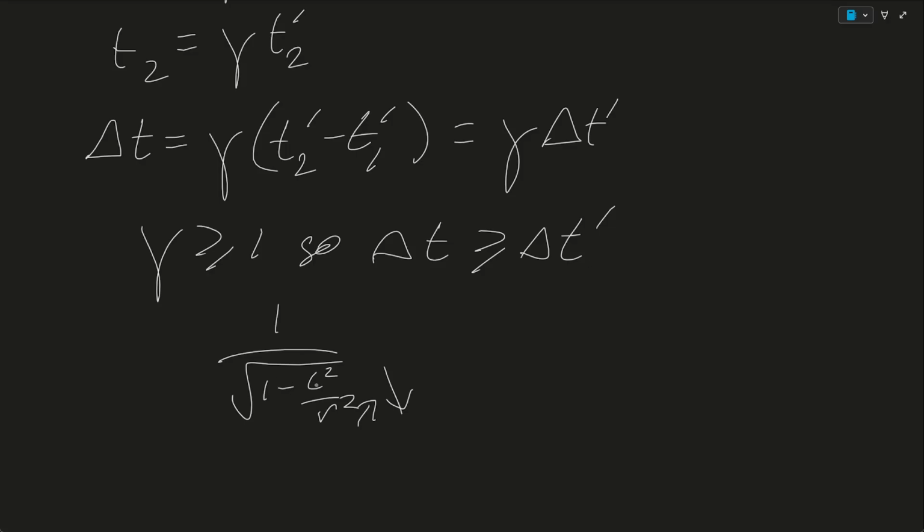So 1 minus that fraction increases, so a higher number square root is going to be a higher number, so 1 over that decreases. I got that the wrong way around, sorry. Oh, it's 1 over v squared over c squared.